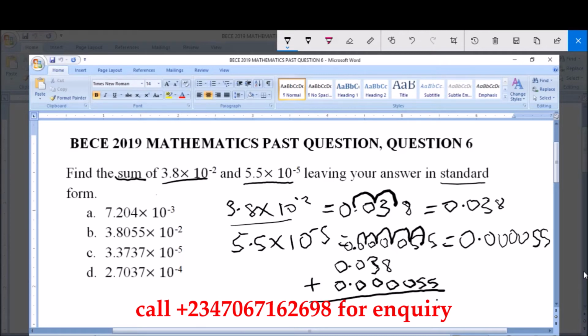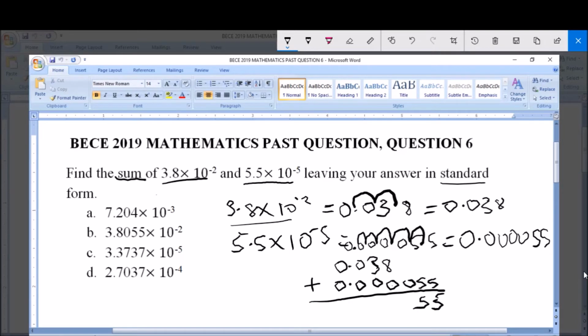Here we have 5, and we have 5 here too. We have 0 here. Then here we have 8, 3, and then 0. Then your point, and then 0. So now we've added it successfully. What do we have? We have 0.038055. But the question says we have to leave this answer in standard form. So definitely we have to convert this small figure into standard form.